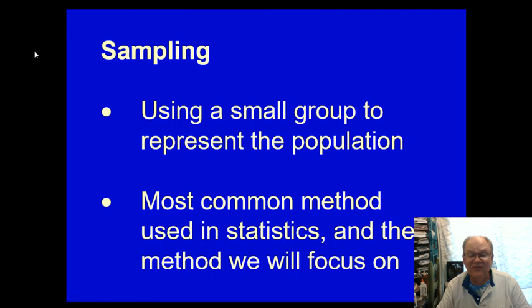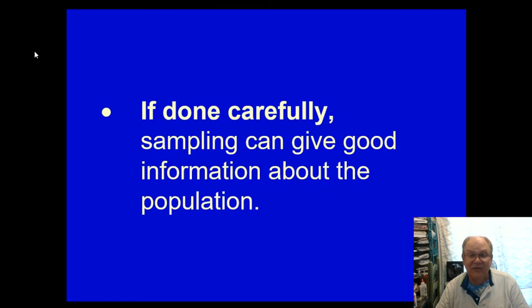Sometimes in statistics, it is assumed that you have a sample. In fact, sometimes they assume you have a specific type of sample. Sampling is, however, by far the most common method for gathering data. If you do a sample right, you can get very good information about the population.